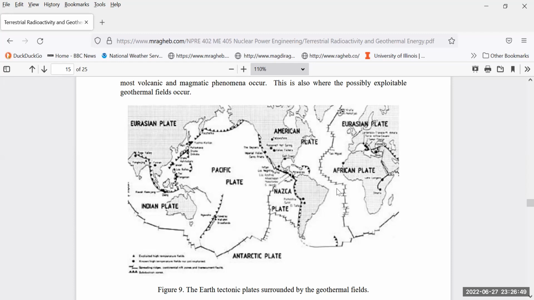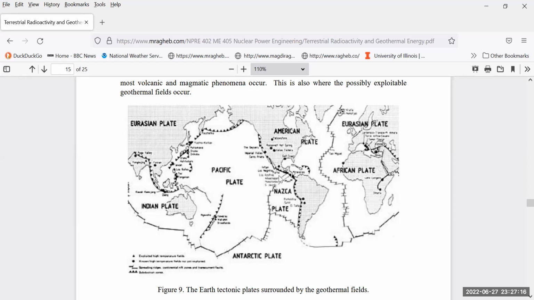In that case, they are separating, and that provides us with the deepest parts of the Atlantic Ocean. Because those plates rub against each other, heat is generated and rock is molten, and all of these are volcanoes surrounding the Earth's tectonic plates. And in that case, it can be used.